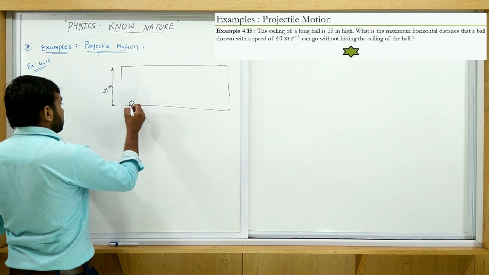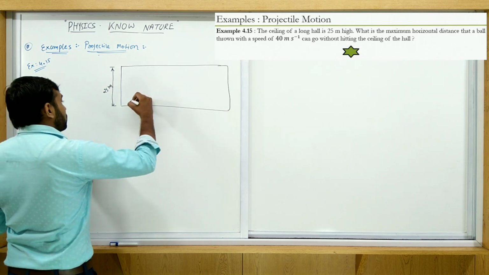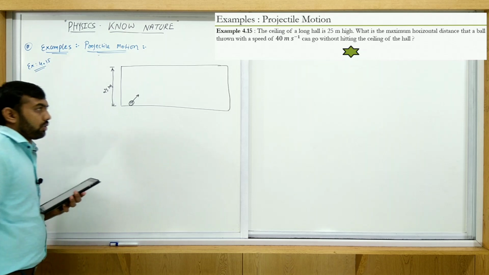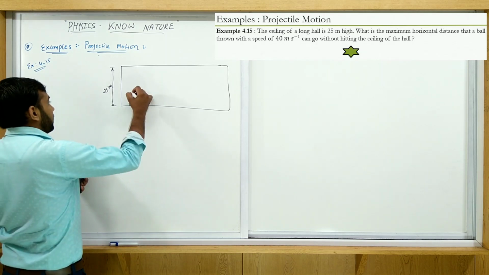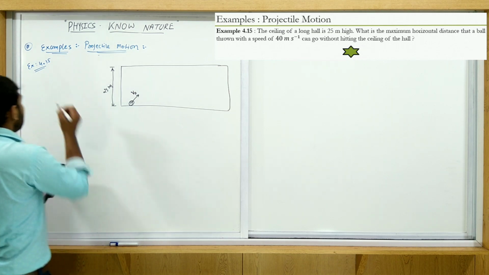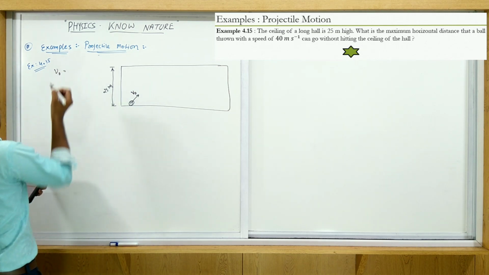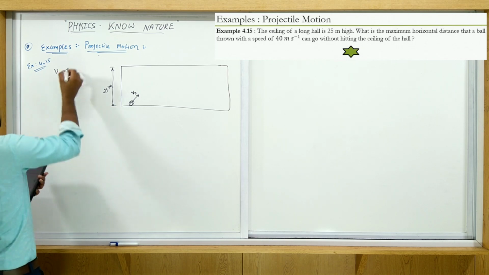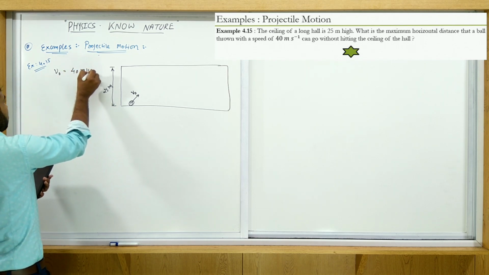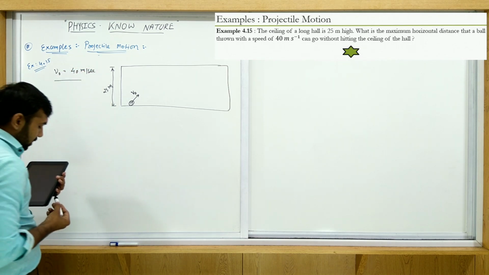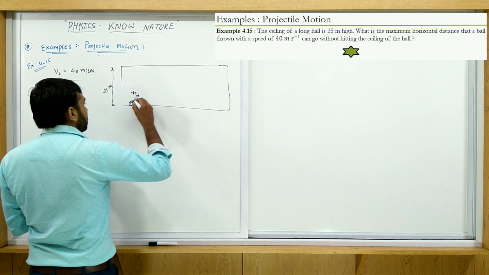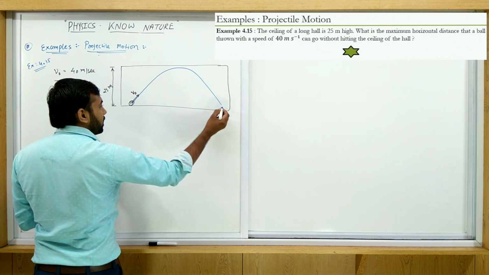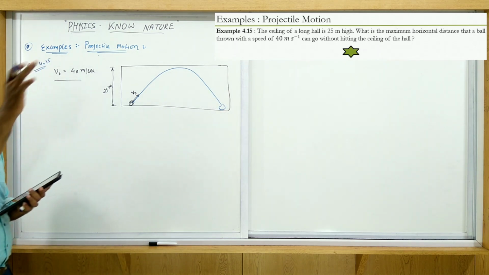Suppose you have some ball here. You throw the ball at any angle. We don't know at what angle you throw it. If you throw the ball at any angle with this speed v0, what is this v0? v0 is equal to 40 meters per second, given data. Then this ball moves here in this way, so it does not hit the ceiling.